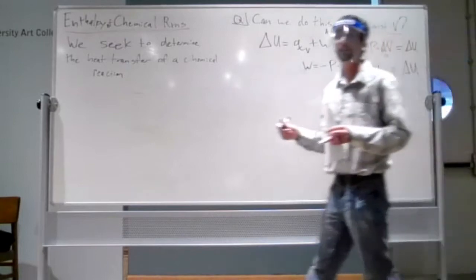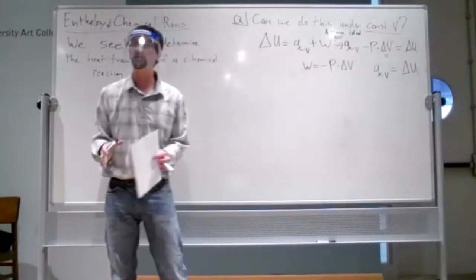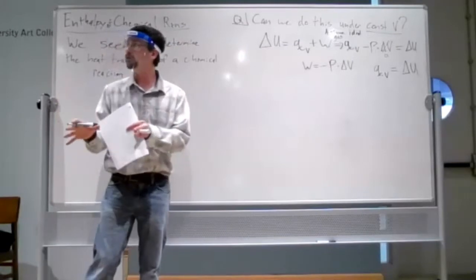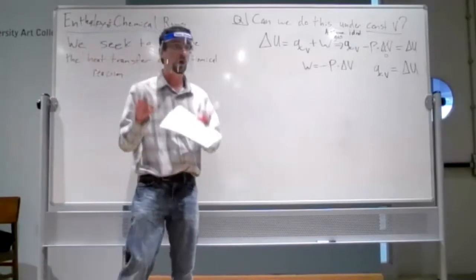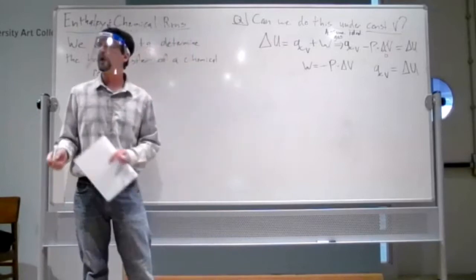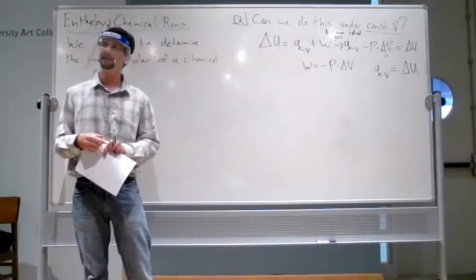So what that tells us is, if we measure the heat transfer, we know the change in the internal energy at constant volume, which is awesome because we know the energy flow of the system. If you know about the energy of the system, you can know a ton about that system. But does anybody see a problem with this? What are our conditions again?